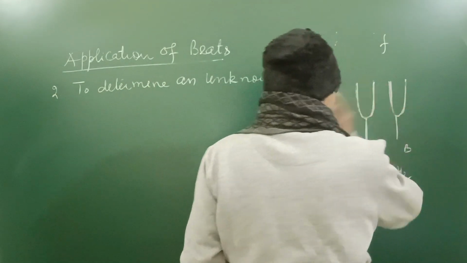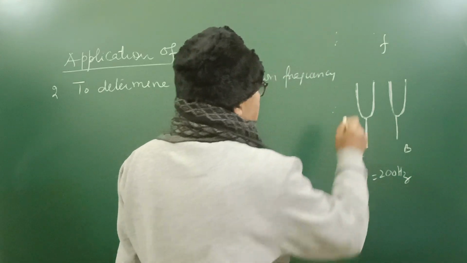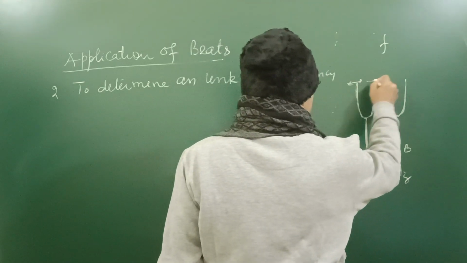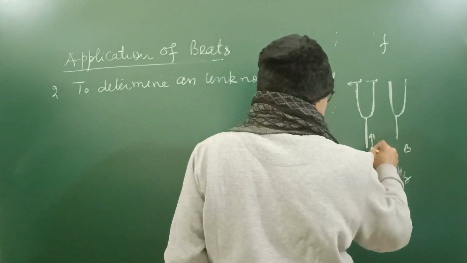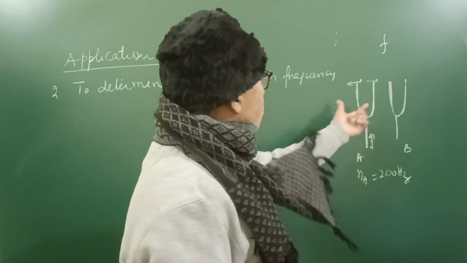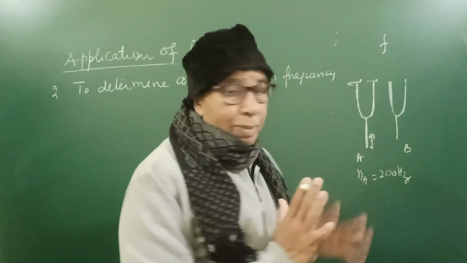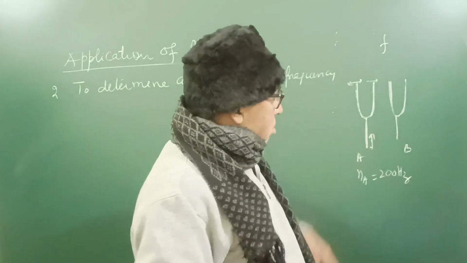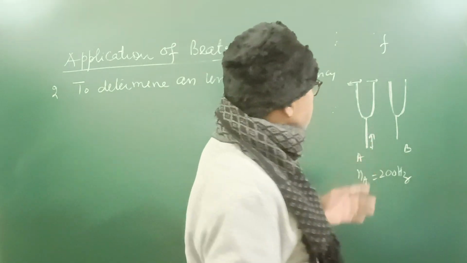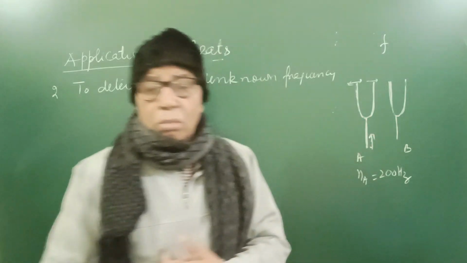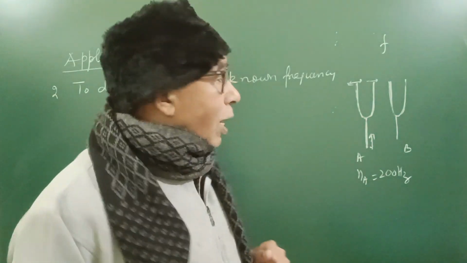When we make it vibrate, the fork oscillates like this and the stem like this. Transverse vibrations are produced in the fork and longitudinal vibrations in the stem. So we make them produce sound together.